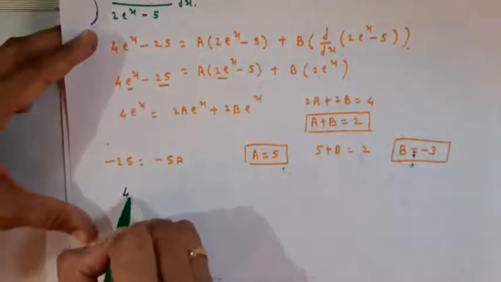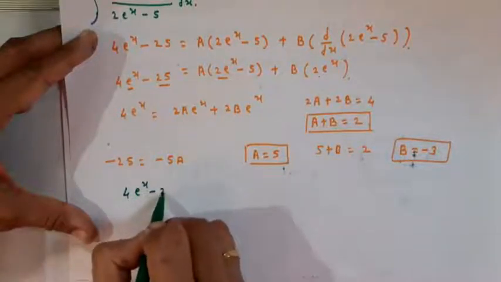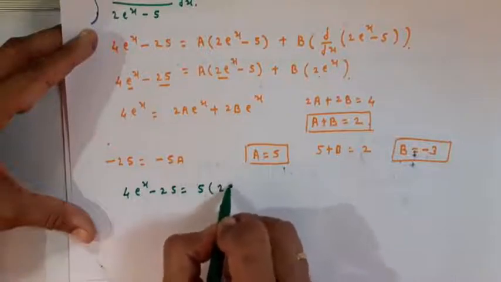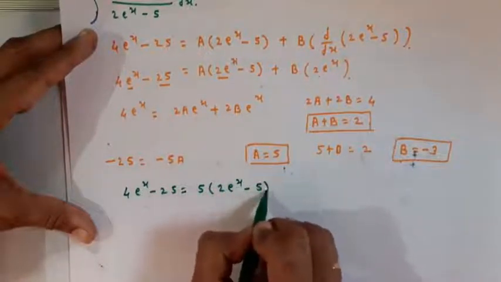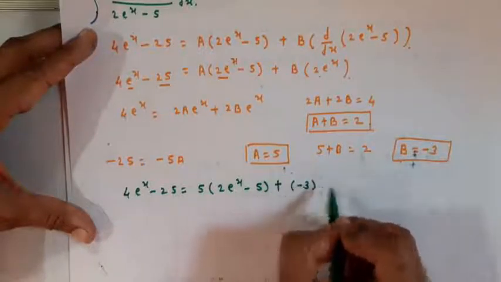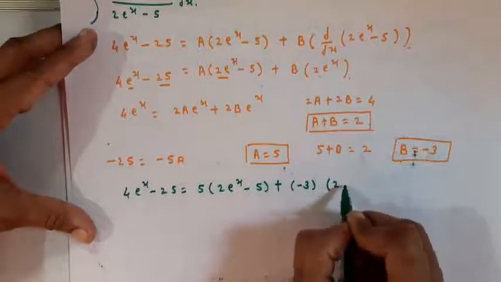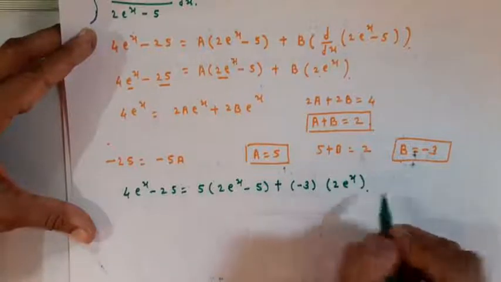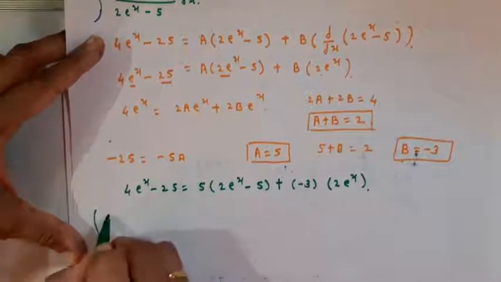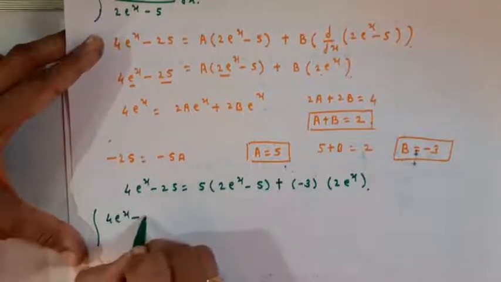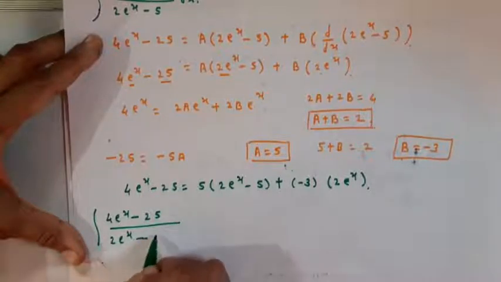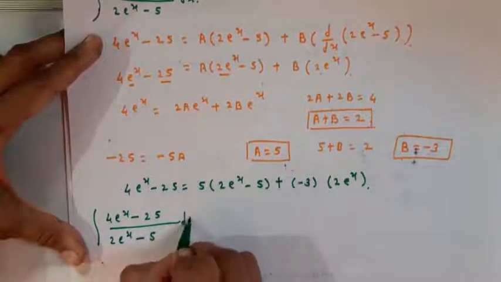We will get 4 e raised to x minus 25 equal to, the value of a is 5, into 2 e raised to x minus 5, plus the value of b is minus 3, into 2 e raised to x. Okay, so in the integration, that is 4 e raised to x minus 25 upon 2 e raised to x minus 5 with respect to x.